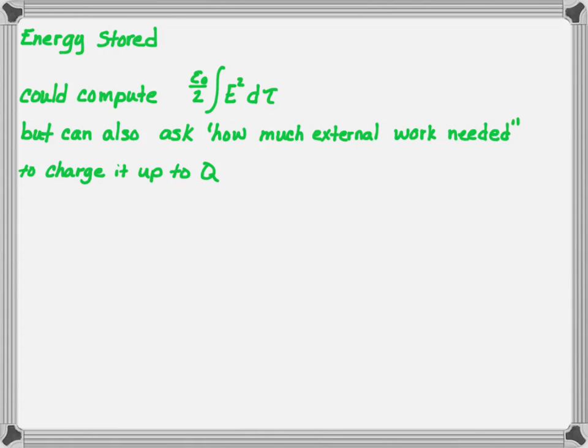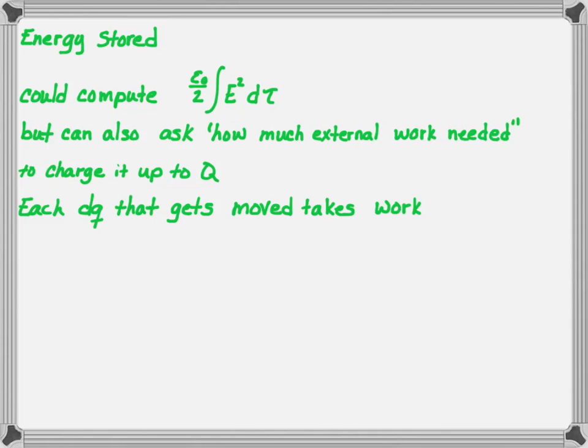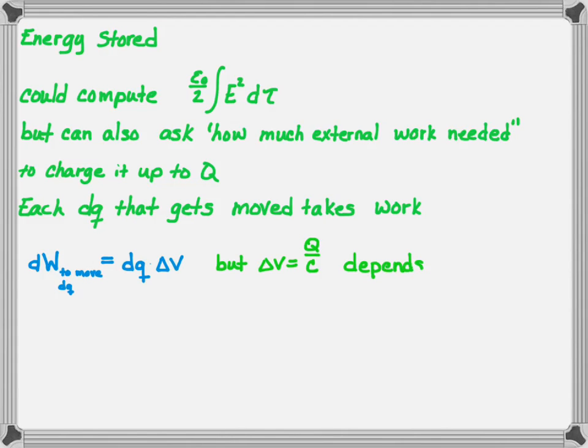Remember, I'm going to have to bring the charge over to the capacitor. So each dq that gets moved takes work. So dw, which is the work to move dq, is going to be equal to dq times the potential.